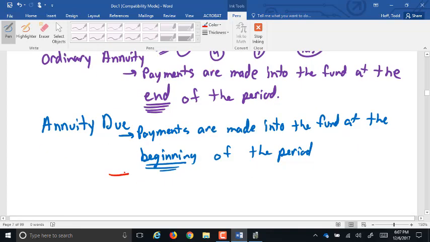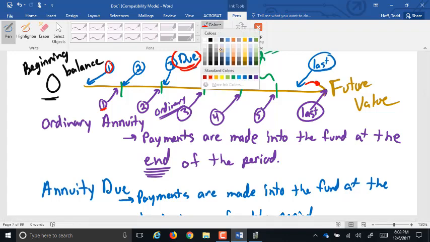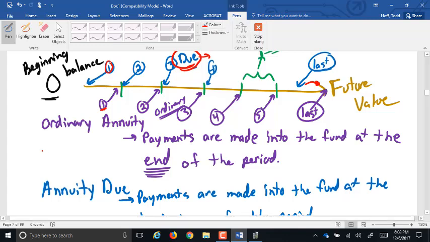I'll put it down here. In the annuity due, that last payment's going to sit there for a period and draw interest for a full period. Whereas in the ordinary annuity, that last payment's made right at the end, so it gets no interest at all. What happens in the annuity due is basically you're shifting.